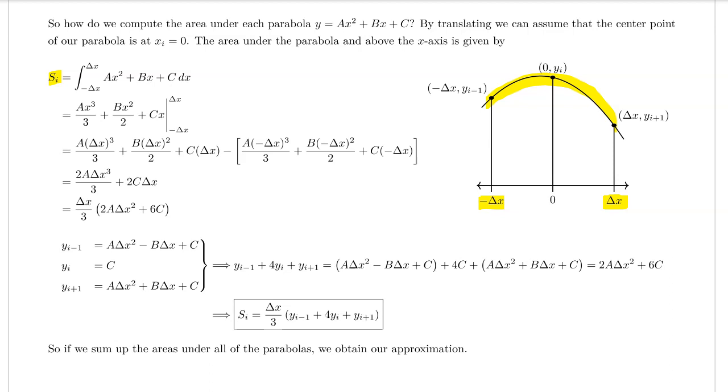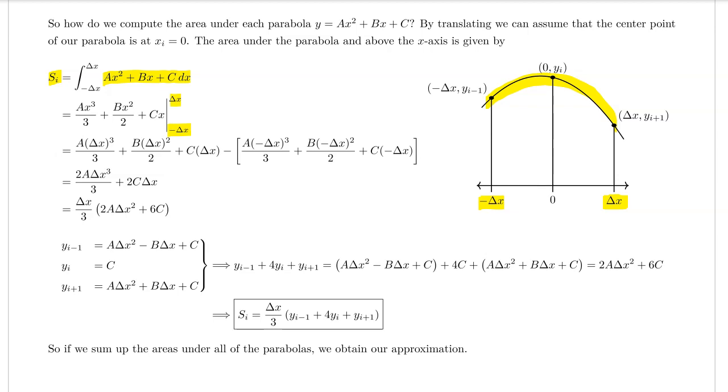And if it's not, we're translating it so the center of our interval is at 0. And so we have this parabola here, and if we take the antiderivative of that, we get this cubic, and we're plugging in delta x and negative delta x.